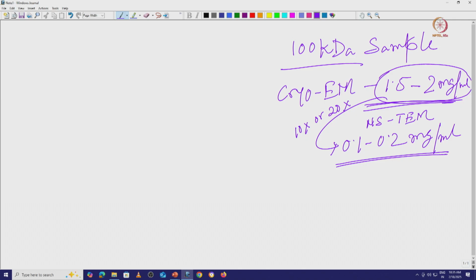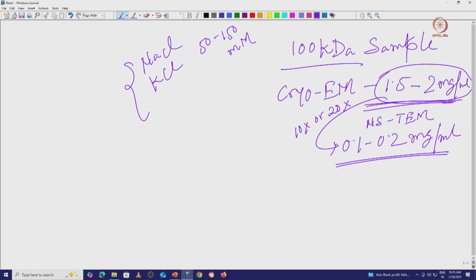Always remember that in this case we are using NaCl or KCl at a very small salt concentration, 50 to 150 millimolar, not very high, and then HEPES or Tris buffer.